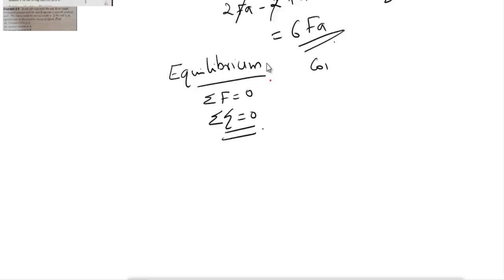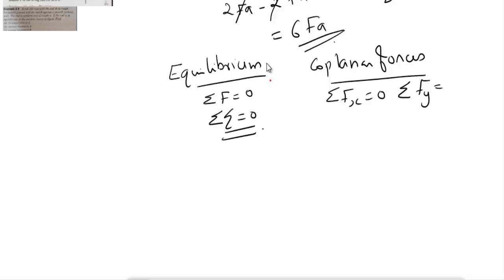Coplanar forces means forces which are acting in the same plane. If I am considering the xy plane, the force along the x-axis will be equal to 0, the force along the y-axis will be equal to 0, and the torque about any axis will be equal to 0 if it is obeying the equilibrium condition.